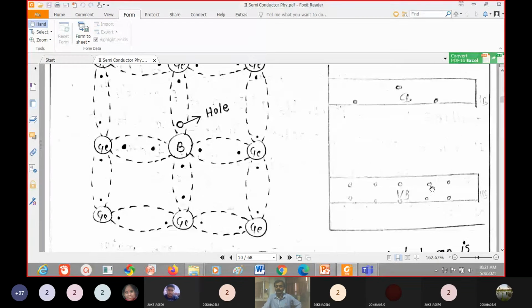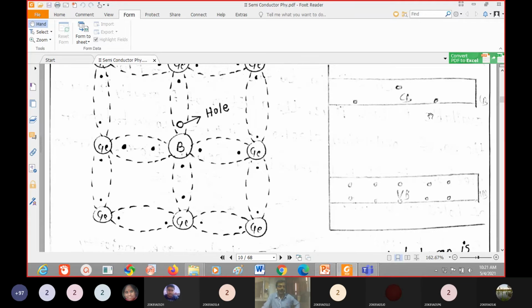So in case of a p-type extrinsic semiconductor, the number of holes in the valency band is greater than the number of electrons in the conduction band.